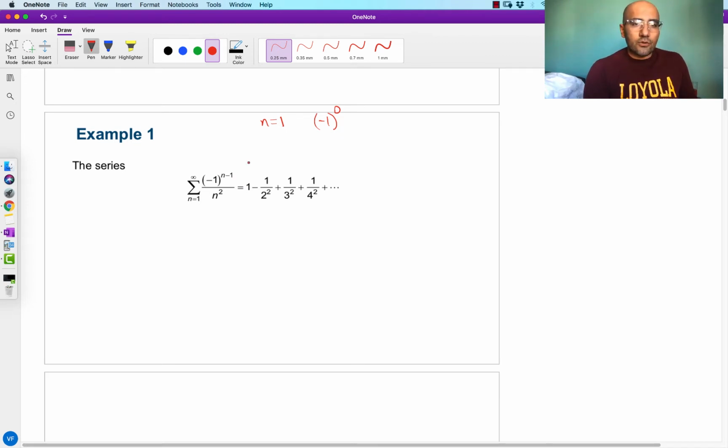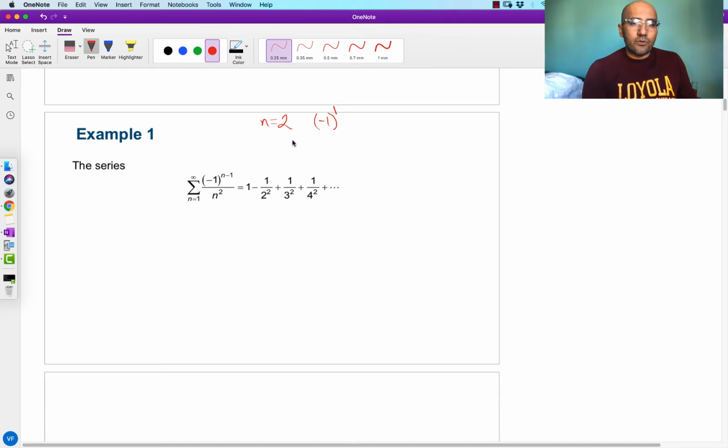When n is 2, we end up with negative 1 to the power of 1. That's 2 minus 1 is 1. So that's how we end up with a minus for the second term.